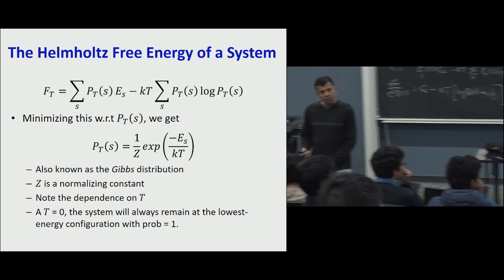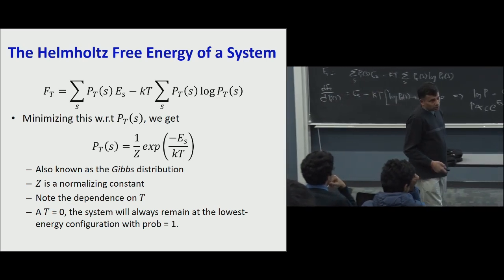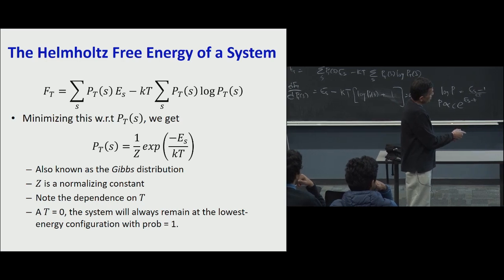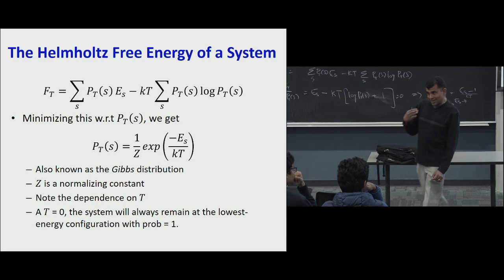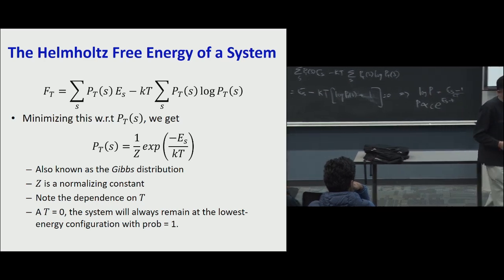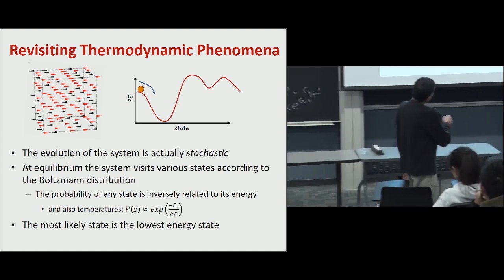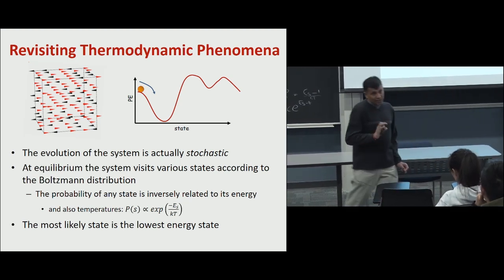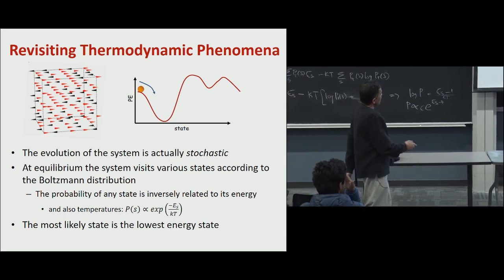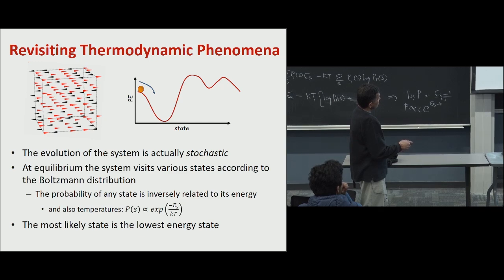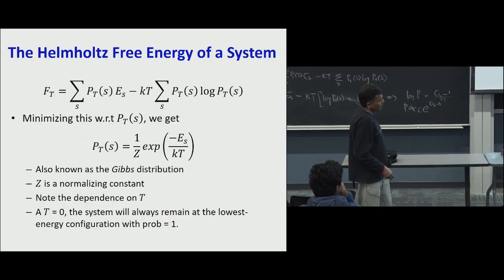At all other times, it's going to be switching between the different states with a probability, where the probability of any state is proportional to e raised to minus the energy of the state divided by temperature, right? So the evolution of the system is actually stochastic. It's not deterministic. It's not just going down to the valley. At equilibrium, the system visits various states according to this distribution, which is called the Boltzmann distribution.